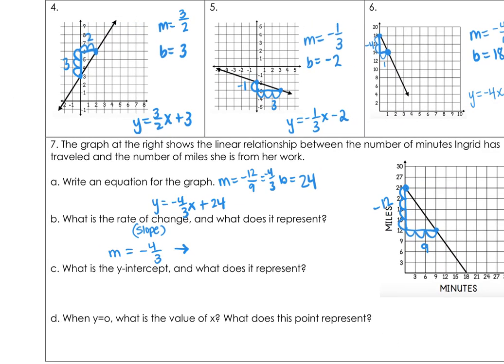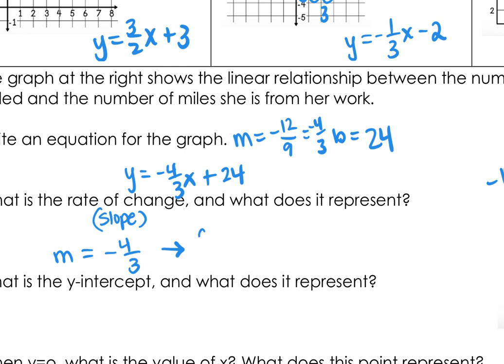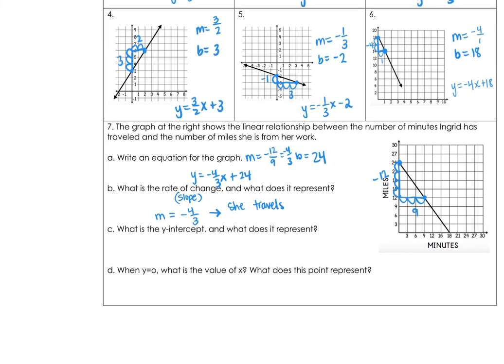But what does this mean when we're talking about miles and minutes? Be specific with our 4 and our 3. She travels. Remember this is rise over run. So if our rise is miles, and that was 4, it's saying she's traveling 4 miles.